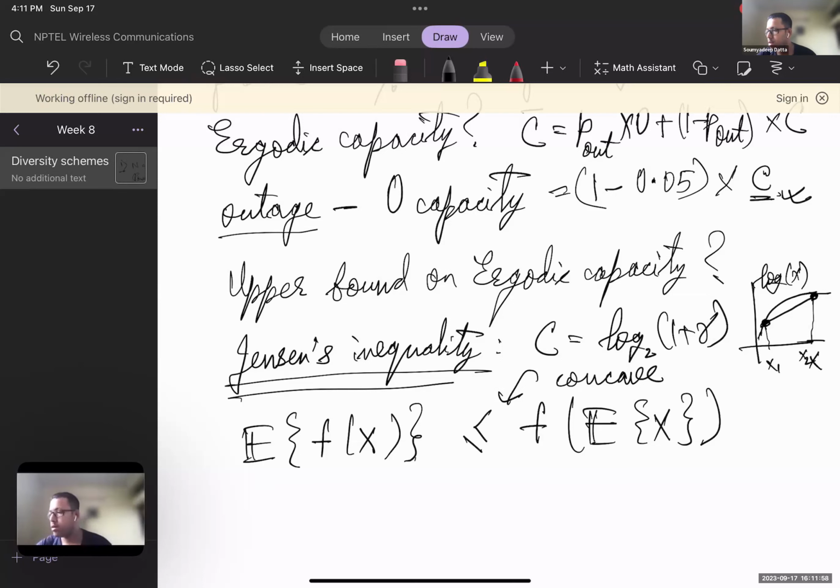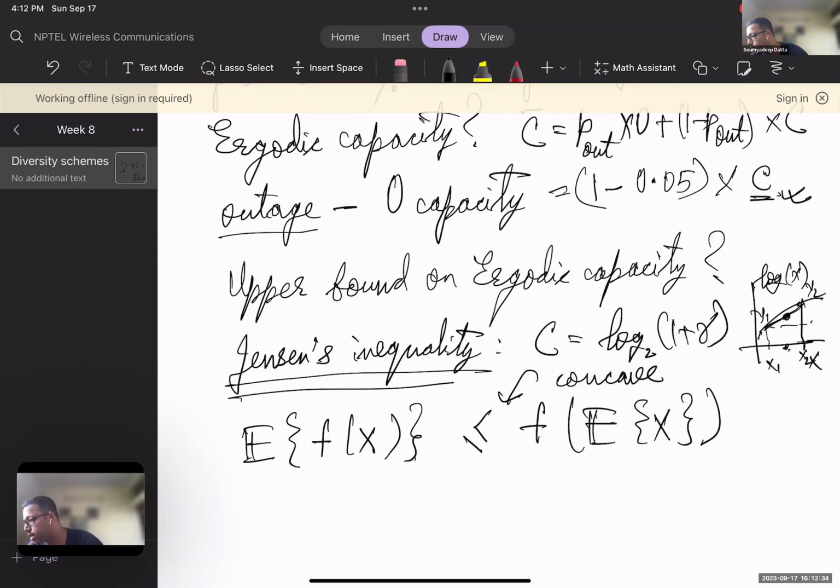Pictorially, if I take the expectation of the log function itself between these two points x1, x2, I'm taking the expectation over the y values, y1, y2, so it will come somewhere here on this chord.